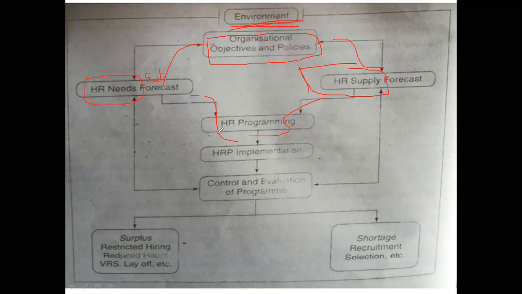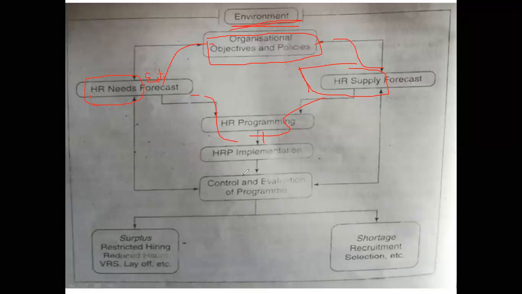Then coming to HRP implementation. Implementation requires converting an HR plan into action. A series of action programs are initiated. Some such programs are recruitment, selection and placement, training and development, retraining and redeployment, the retention plan, the redundancy plan, and the succession plan.